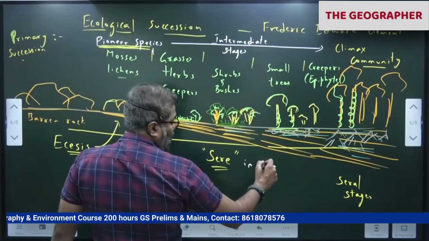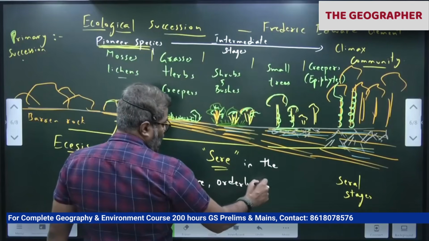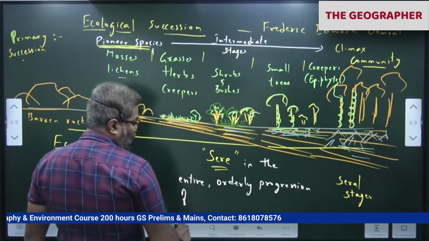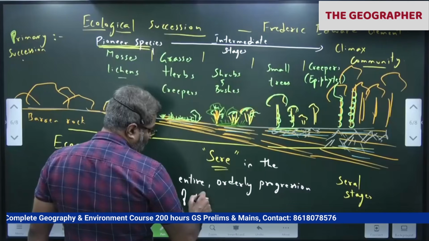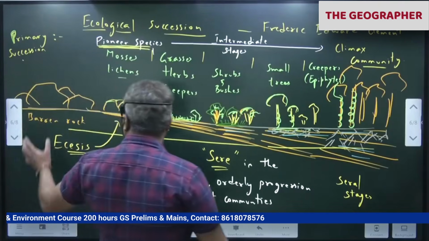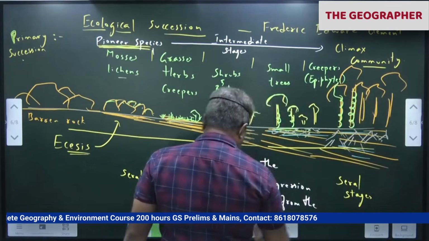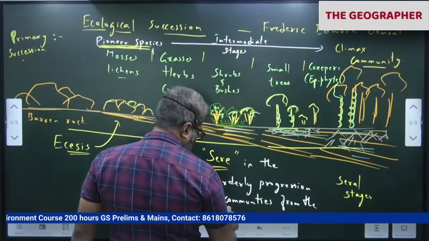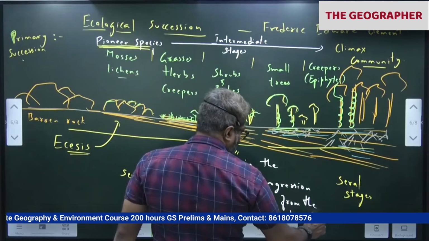Sere is the entire orderly progression of plant communities, from the barren rocks to climax, from the pioneer stage to the climax stage over time.